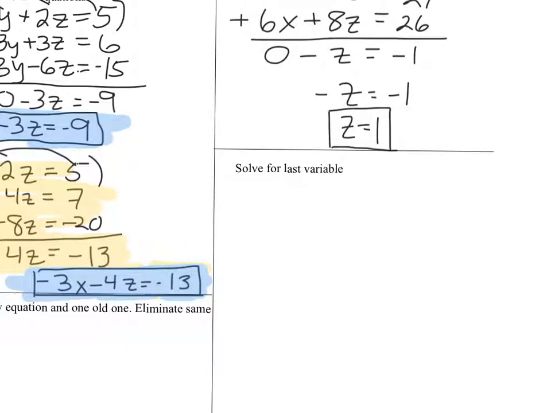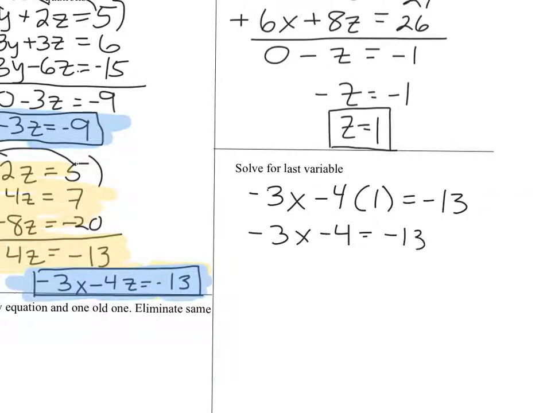Using this blue box on the bottom, I've got negative 3x minus 4 times 1 equals negative 13. And so negative 3x minus 4 equals negative 13. Now I add 4 to the other side, so I get negative 3x is equal to negative 9. Negative 9 divided by negative 3 is 3, and so x is 3.